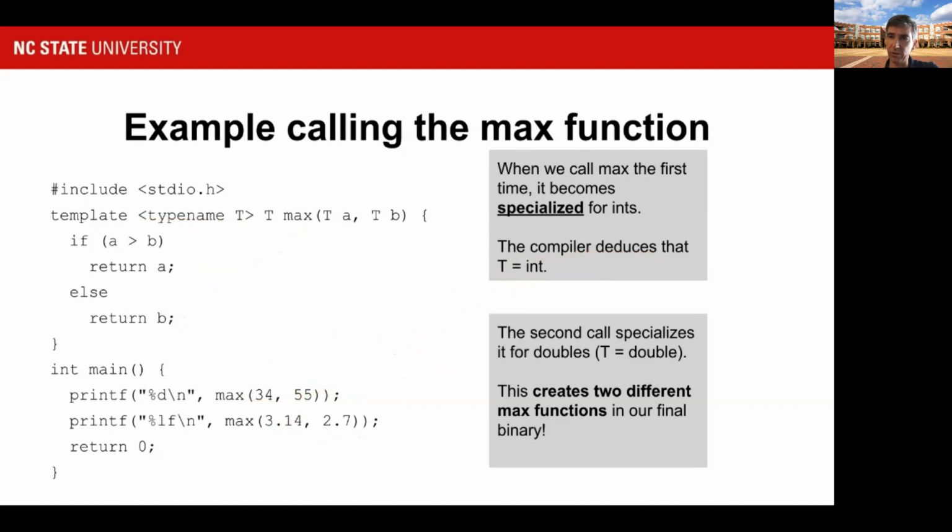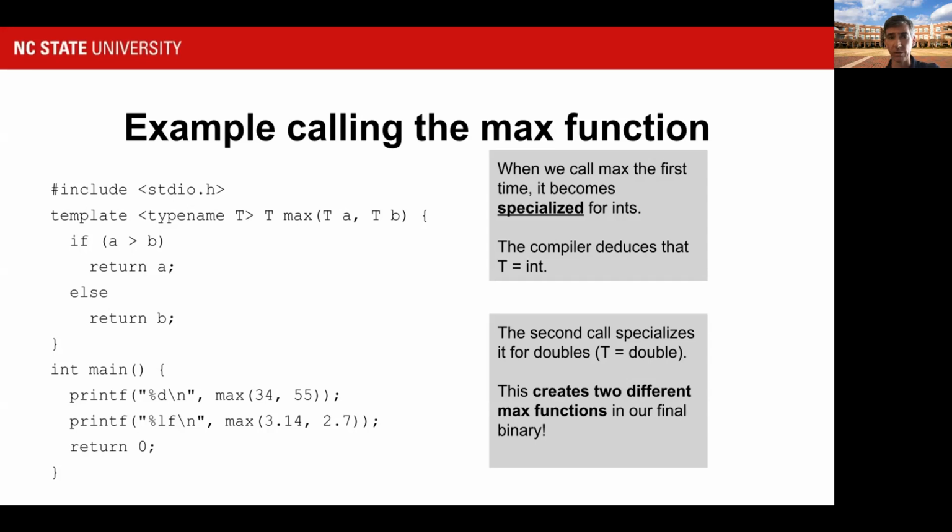And it's important to note these are two different functions. Okay, it's not using one function and doing some sort of smart cast. It's not doing that. There are two completely different functions in our program now. One with max that's specialized to int, one with max that's specialized to double. Under the hood at the assembly level, they would actually have totally different names, and they would take up different locations in memory, right?